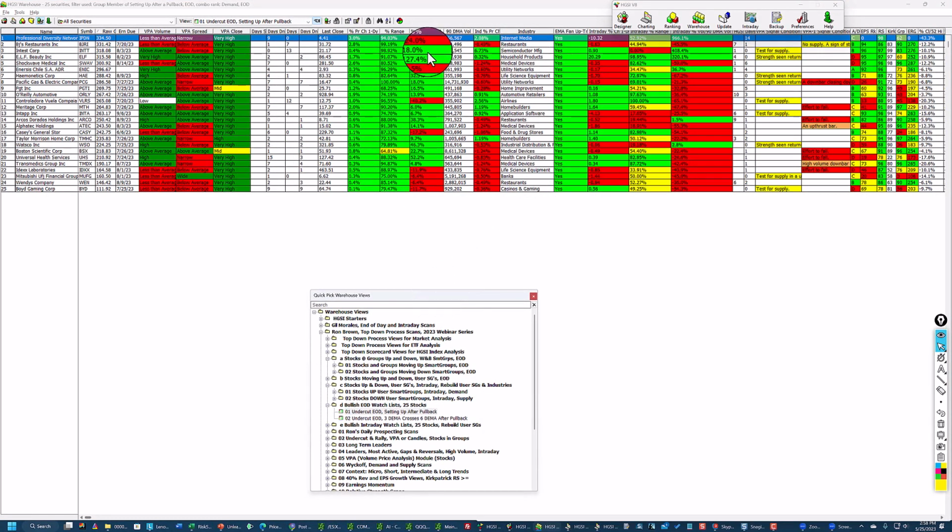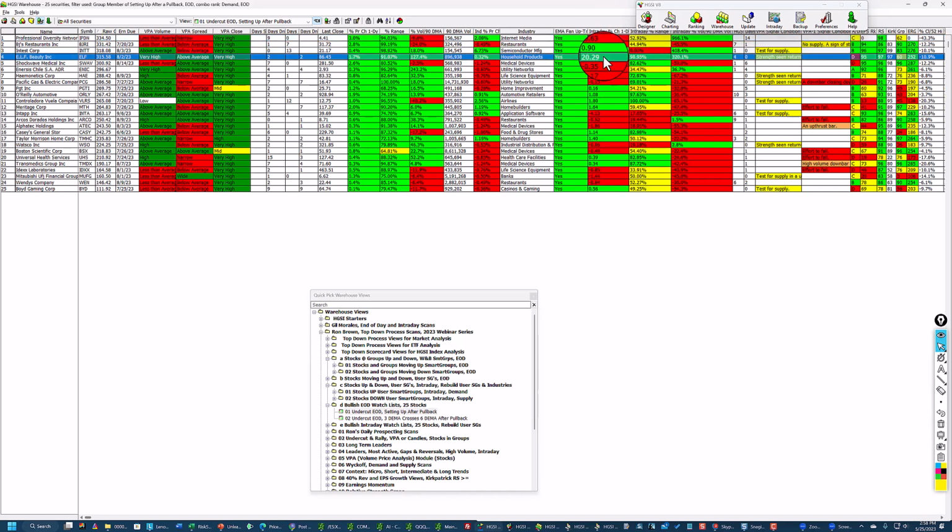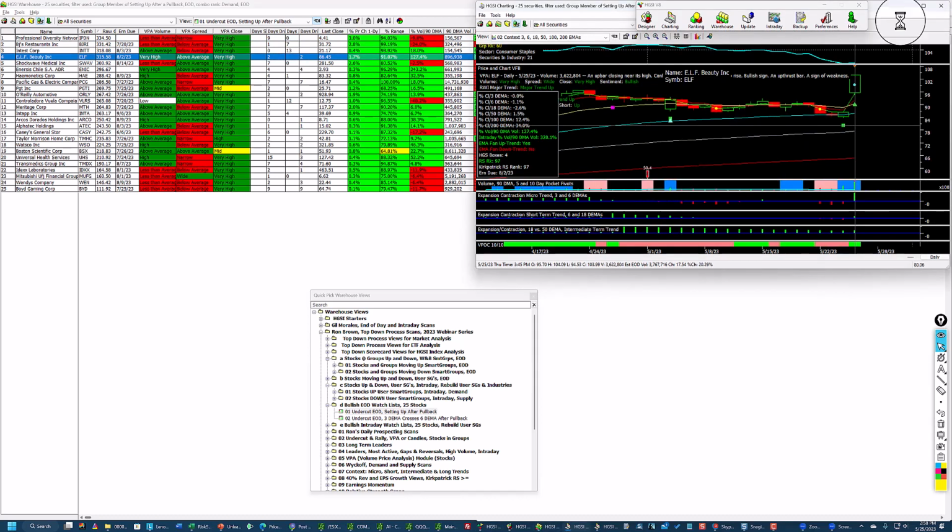Okay, so these are undercutting at the end of the day, setting up after a pullback, which means that the 3 is below the 6 if you look at this column right here. And then I just put the intraday in the same view, and you can see which of these are following through the next day. So here's one that's up 20% today.